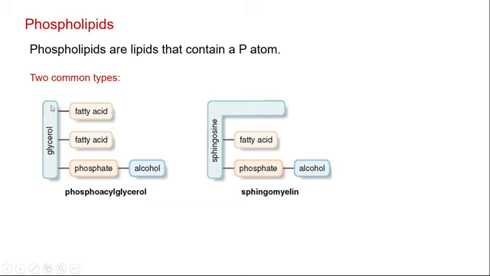The phospholipid with a glycerol backbone has two fatty acids in ester linkage at the SN1 and SN2 positions, and the SN3 position is esterified by phosphoric acid, which is further esterified by an alcohol. Whereas in the sphingosine, you have a single fatty acid, and at the third position you have phosphate and alcohol. You see that sphingosine differs from glycerol.